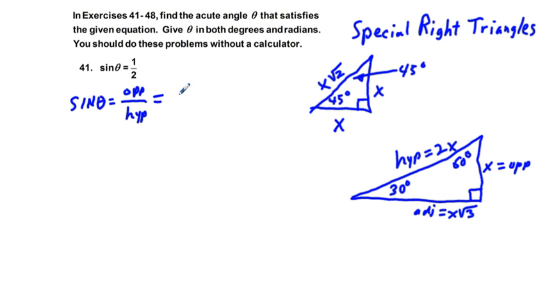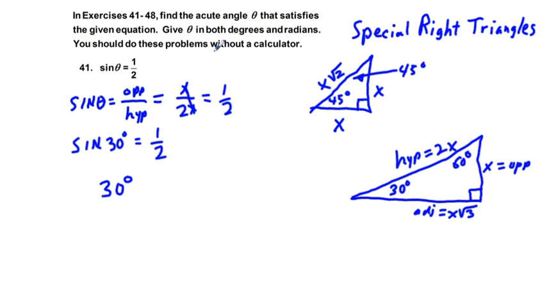Well, for that, we're going to have x over 2x, which equals 1/2. And so this angle, 30 degrees, the sine of 30 degrees is equal to 1/2. So if we're asked what angle has a sine of 1/2, our answer is going to be 30 degrees.